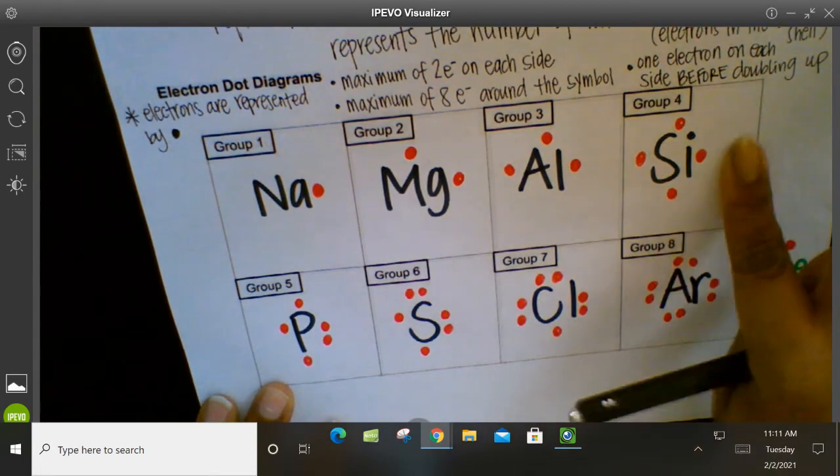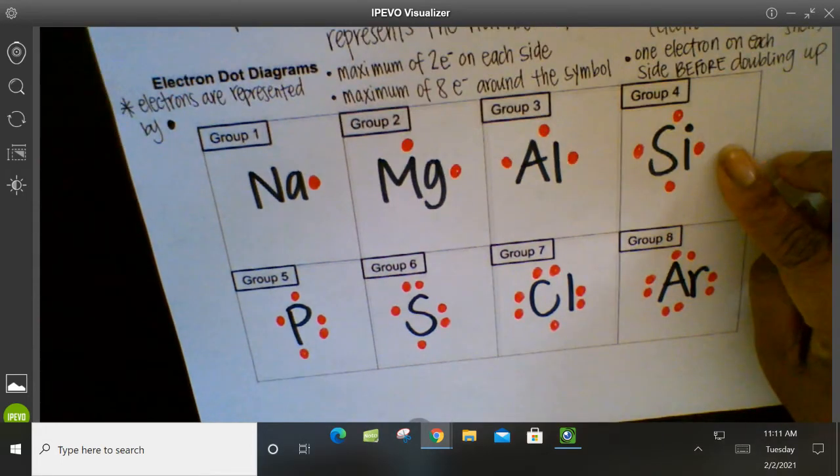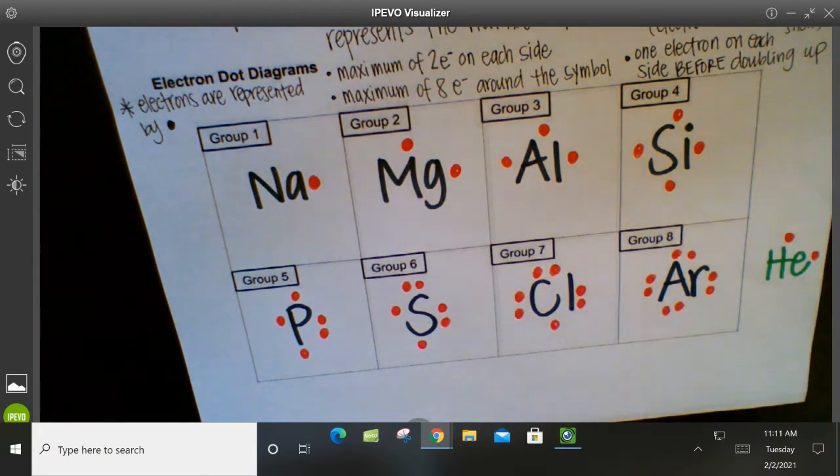Group 4, you really have all three types of elements in group 4. You have nonmetals, metalloids, and metals in this group, but they have 4 valence electrons, and it depends on the bond that is formed. They could lose, okay, 4 electrons or 2, and they can gain those electrons.